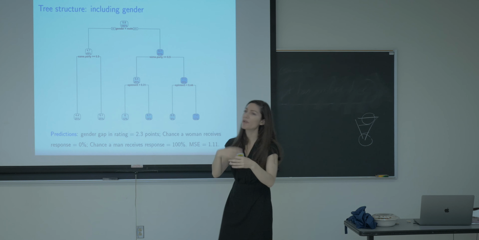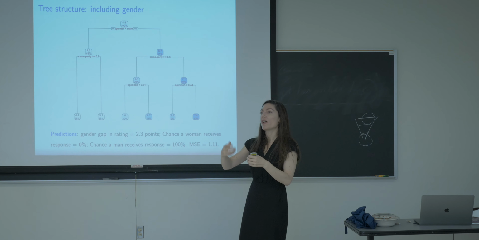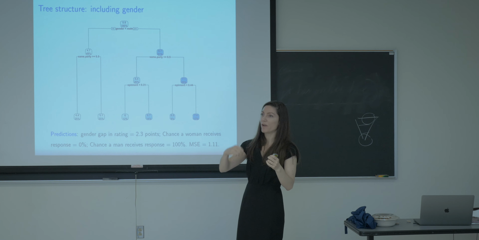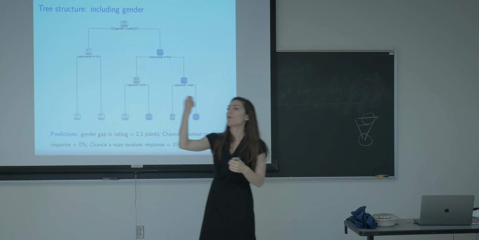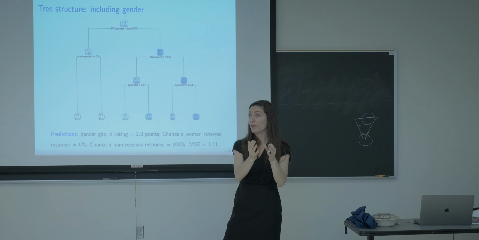So how is the algorithm actually estimated? It's estimated by recursively partitioning the data. First you ask: is there some predictor in the training data that is highly correlated with whatever decisions were made in the past?